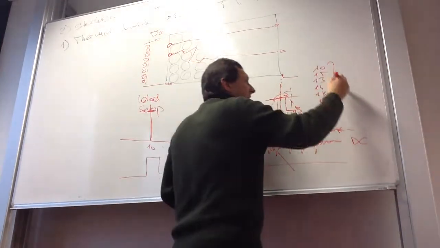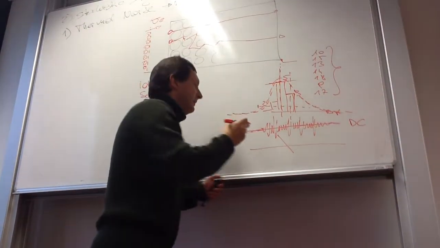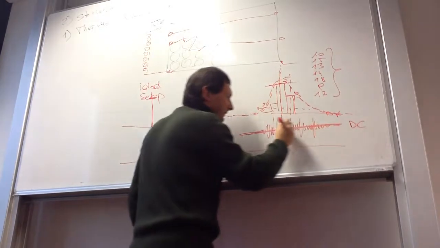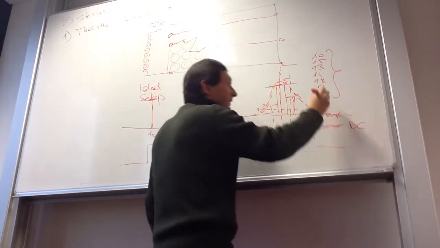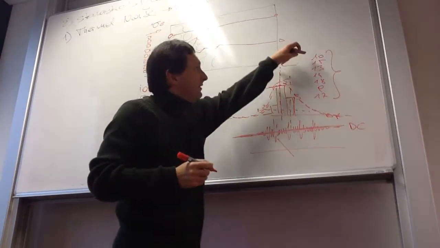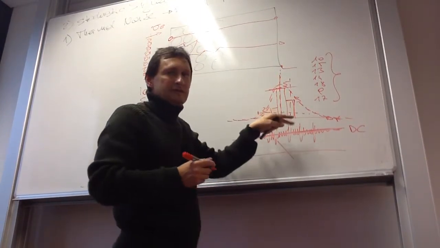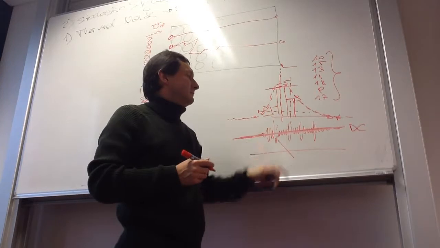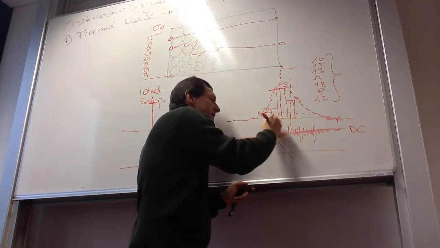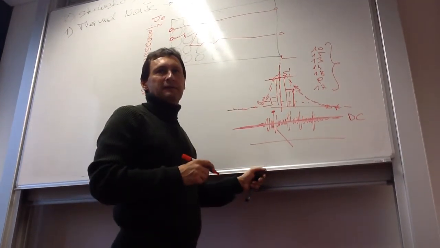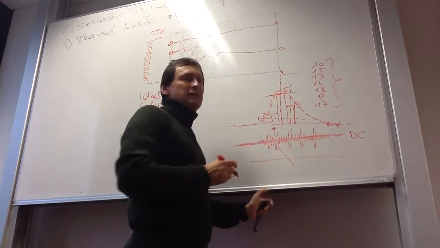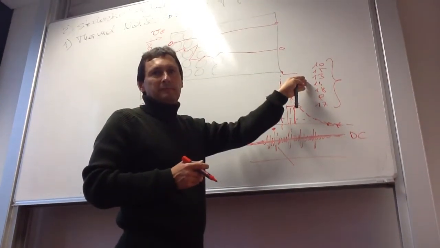And the mean value of all these measurements will give you that value here. But as you see, for different instances of time, the actual value is quite different. And this will give you the actual reading of your instrument. So it's a statistical problem.